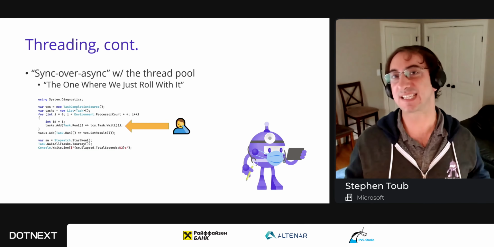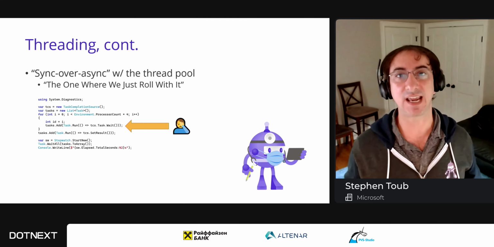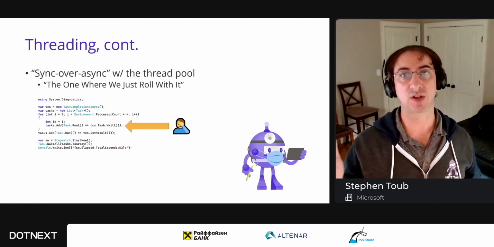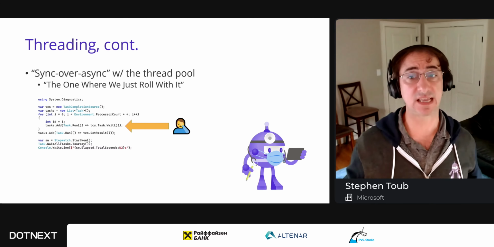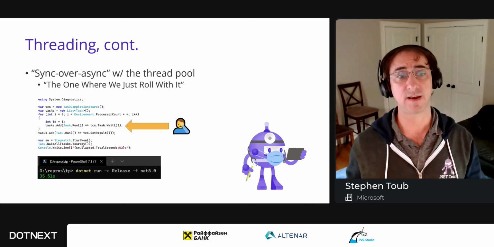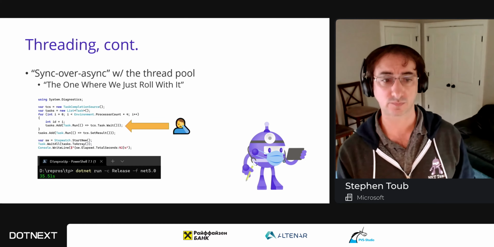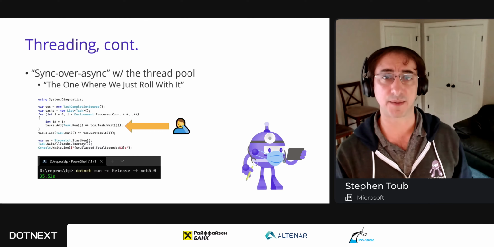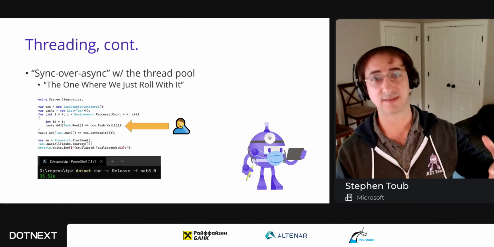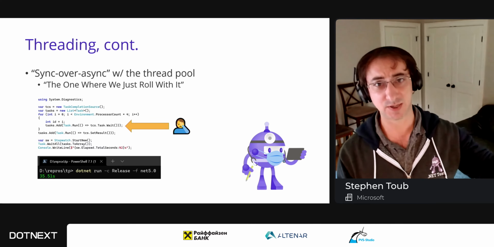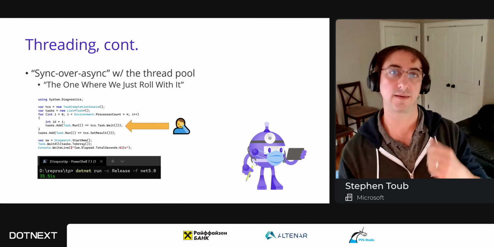And 36-ish seconds later, it will finally introduce the thread that allows all of these other threads to get unblocked. And we can see that. If I run this on .NET 5, we can see that this is taking approximately 35, 36 seconds to complete because we're waiting for these threads to slowly be introduced to finally unblock everything.